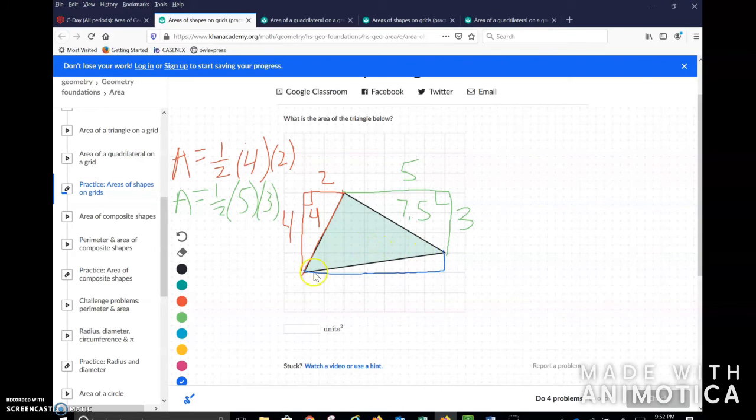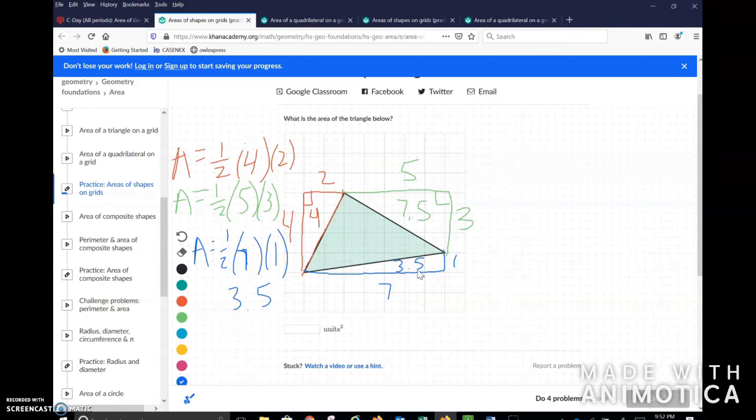And so the distance is 1, 2, 3, 4, 5, 6, 7, and 1. So the area of that would be 1/2 times 7 times 1. 7 times 1 is 7, divided by 2 is 3.5. So this is 3.5.